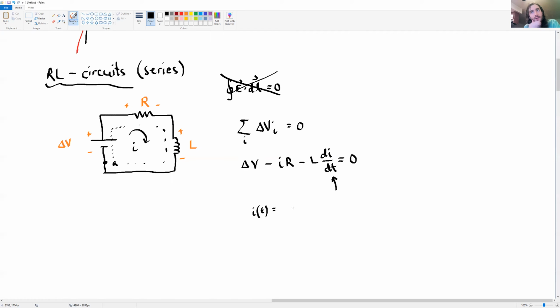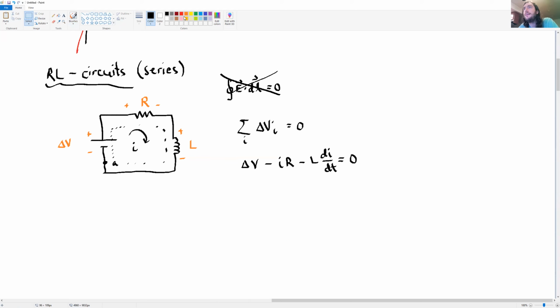But eventually the current is going to reach a certain level. And as it reaches that level, it won't be changing anymore in the limit as for long times, right? In the limit as t goes to infinity, we can figure out what the max current is going to be. In fact, let's do that right now before I actually make my guess for I of t.